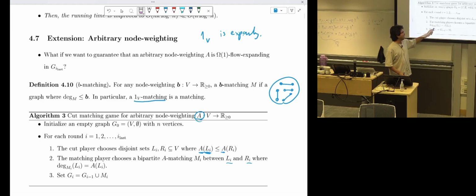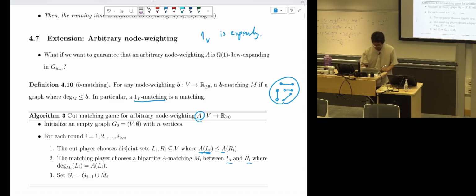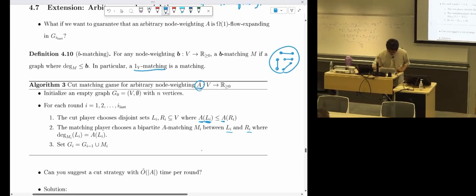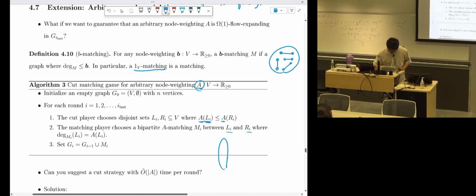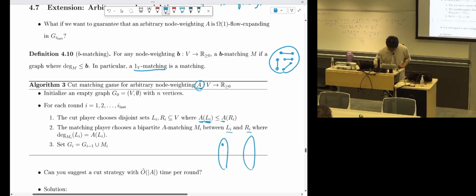The idea is to mesh everything in L. So if this is a node here, and this is 2, 1, 3, 1, then you need to find Mi, and let's say this is Li, this is Ri.